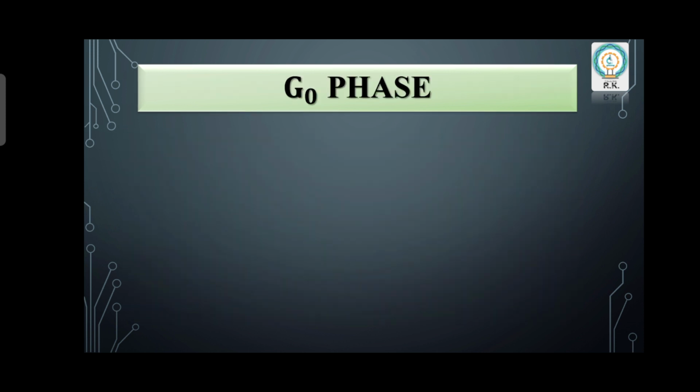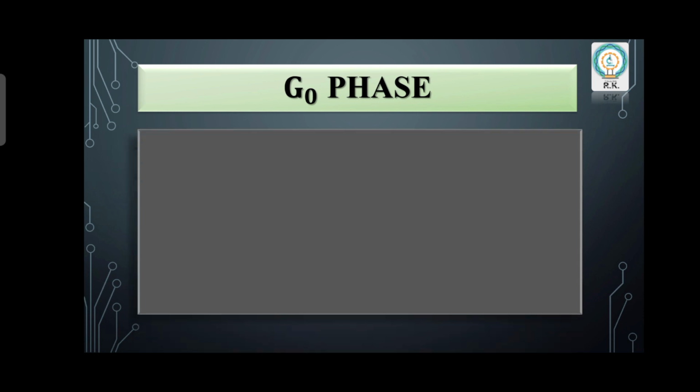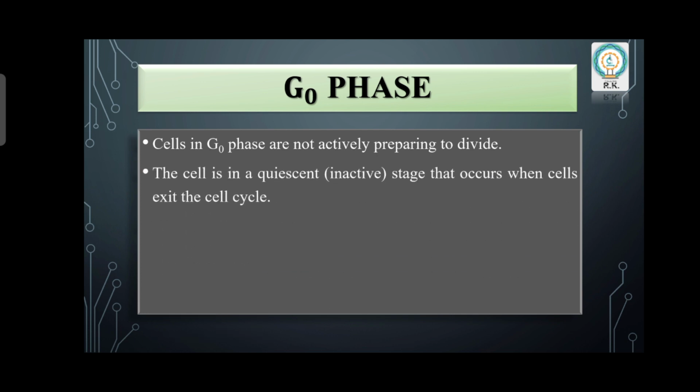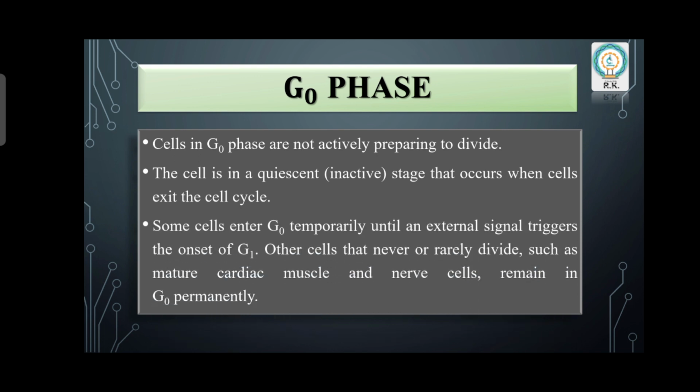There is one more phase, which is G0 phase or resting phase. Cells in G0 phase are not actively preparing to divide. They are in resting stage. The cell is in a quiescent or inactive stage that occurs when cells exit the cell cycle.